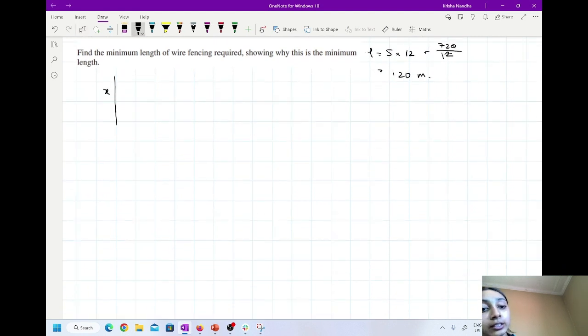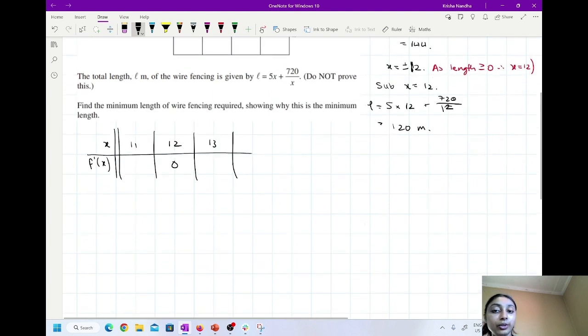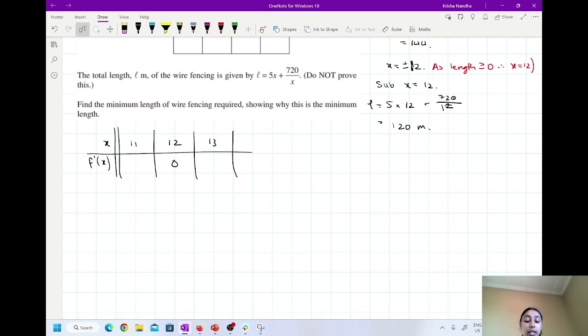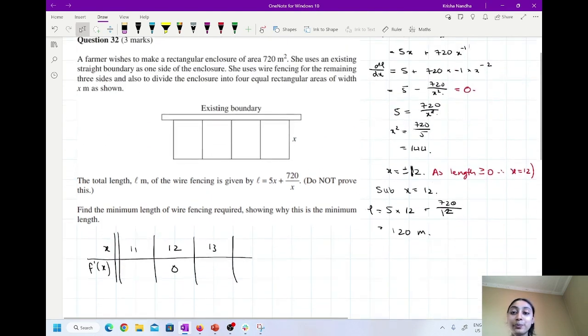So x, f dash of x, and we will sub in 12, 11, 13, something like that. We know that this is 0, but I'm going to check anyway. I need to put it into the derivative.